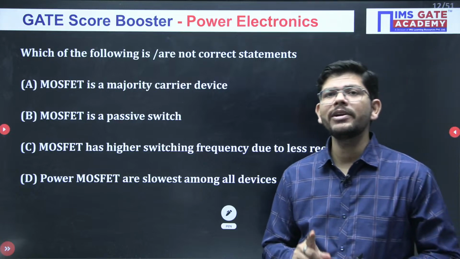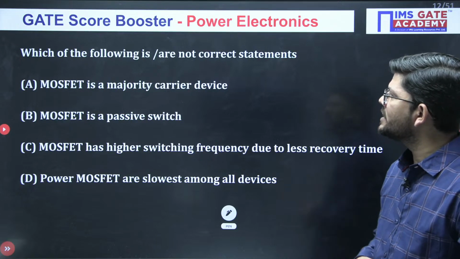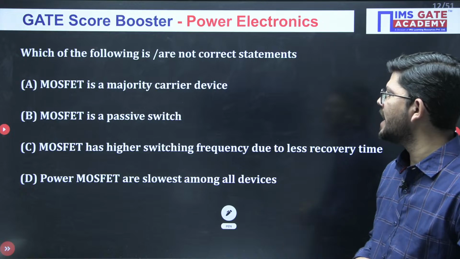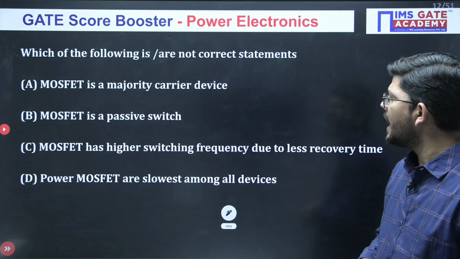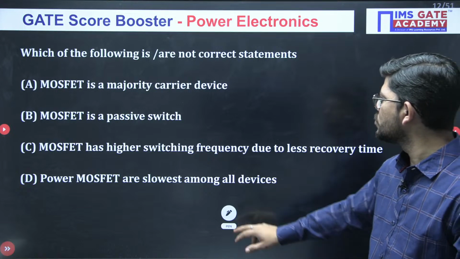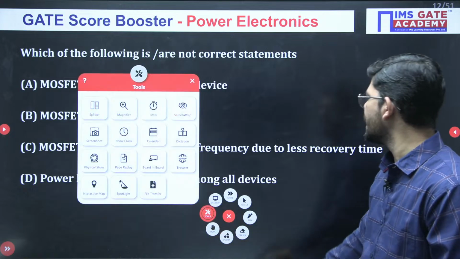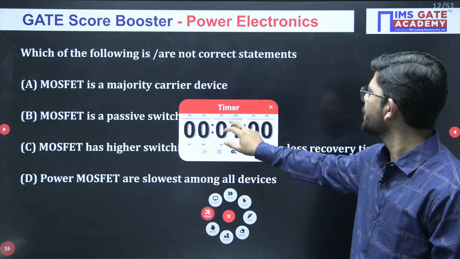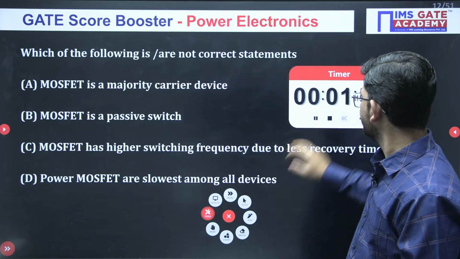You don't have to find the correct statement, you have to find the not correct statement. MOSFET is a majority carrier device, MOSFET is a passive switch, MOSFET has higher switching frequency due to less recovery time, and power MOSFETs are slowest among all devices. So which one is not correct? Your time starts now.